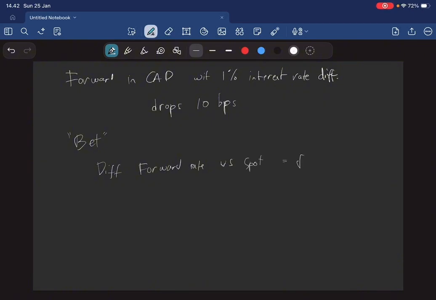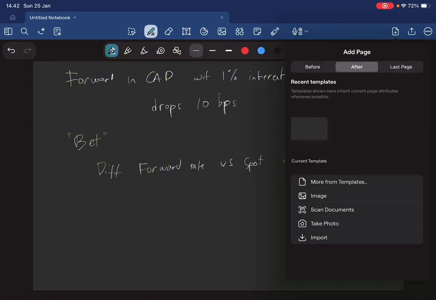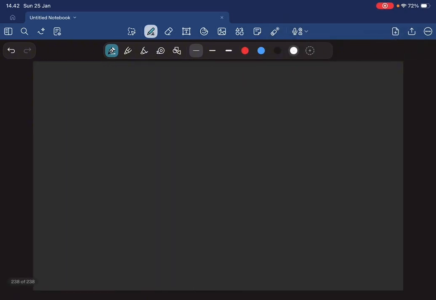The difference between the forward rate and spot is referred to as forward points. So for example, let's say we have sterling, the spot is 1.5500 and the forward points is 0.0439.